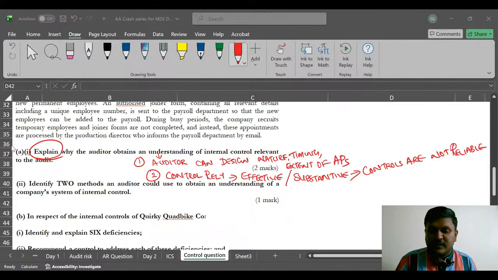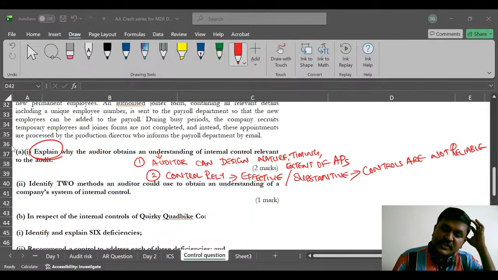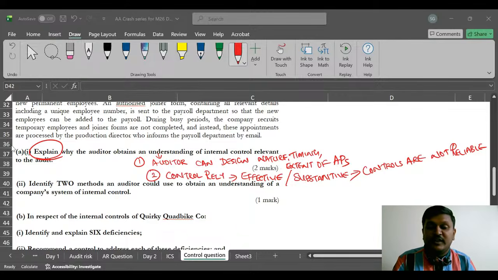If they are relying on controls effectively, they will be testing the controls and doing lesser substantive procedures. If they are not relying on controls, they will be doing more substantive procedures. That is what we can do. So explanation means you need to explain the things in sentences.